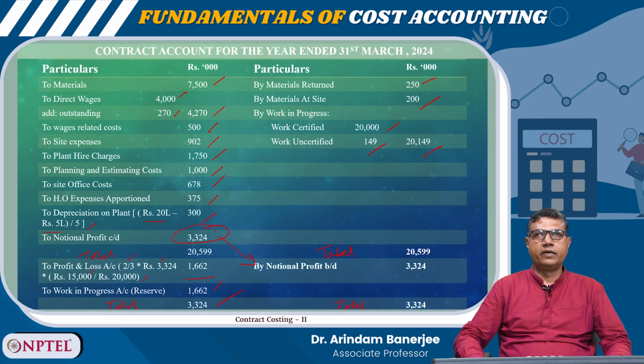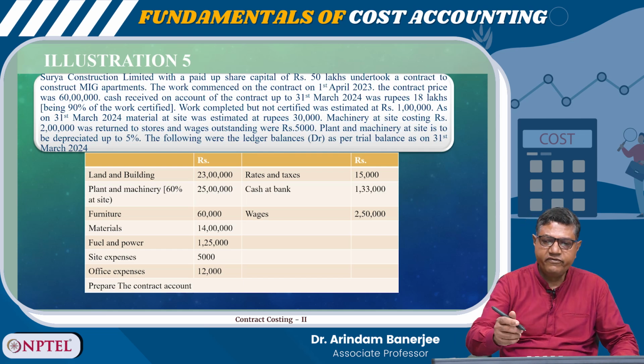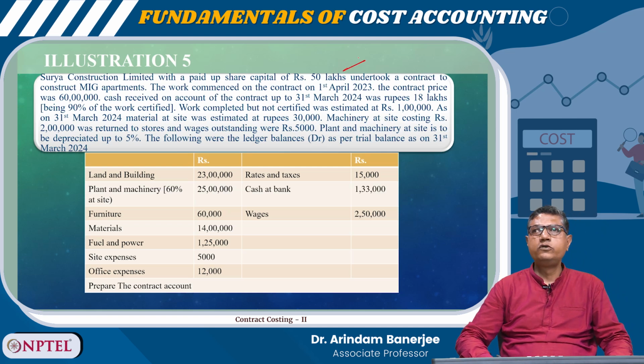Fine. Okay. We will look into another illustration, illustration 5. Illustration 5 shows Surya Construction Limited with a paid up share capital of 50 lakhs, which undertook a contract to construct MIG apartments. The work on the contract commenced on 1st April 2023.